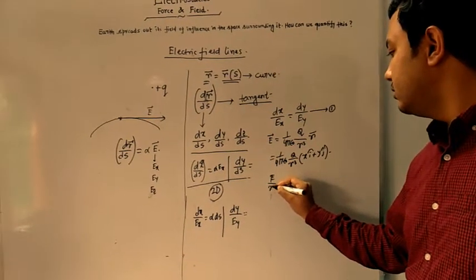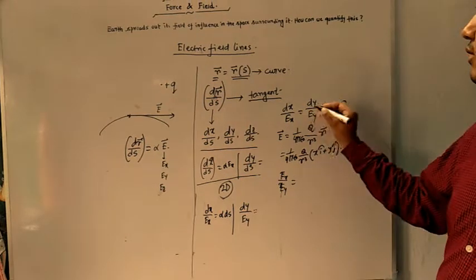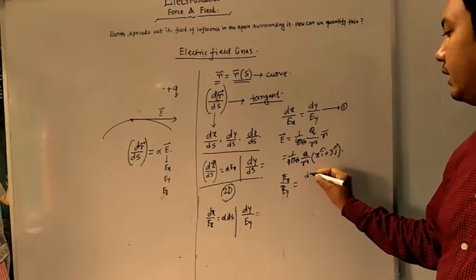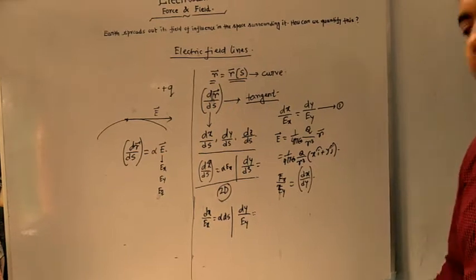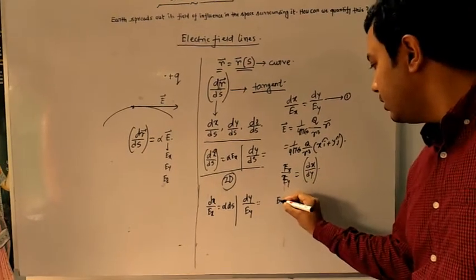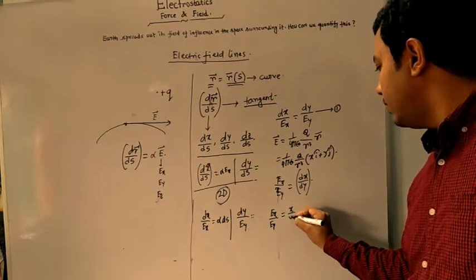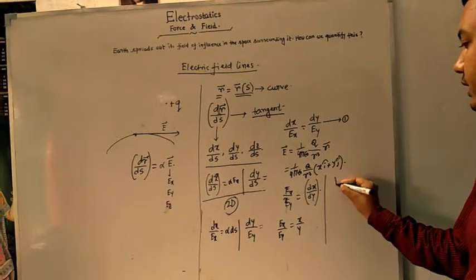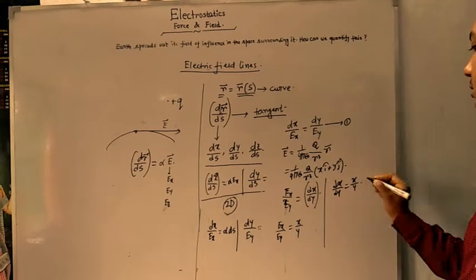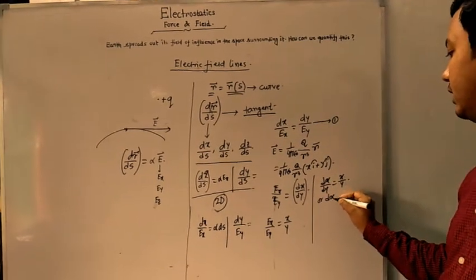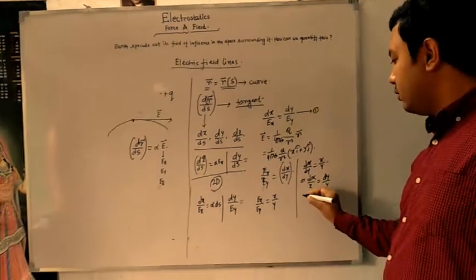Ex by Ey is equal to dx by dy, and here Ex by Ey is equal to x by y. Hence we can write dx by dy is equal to x by y, or dx by x is equal to dy by y.